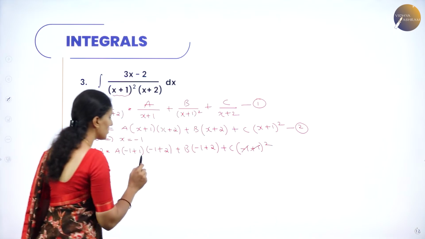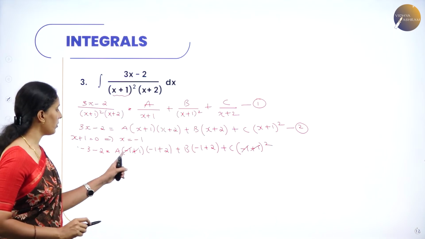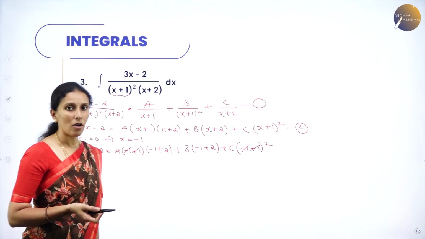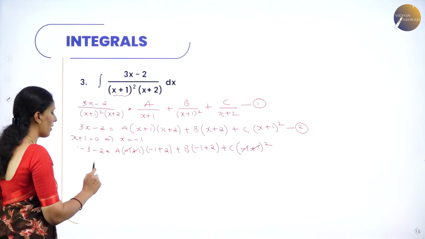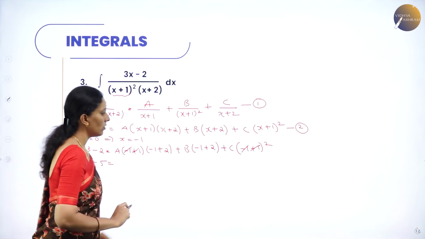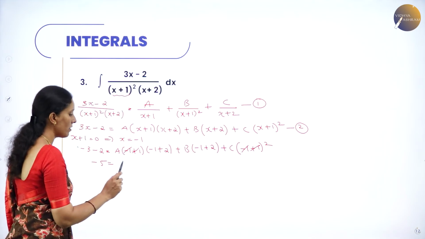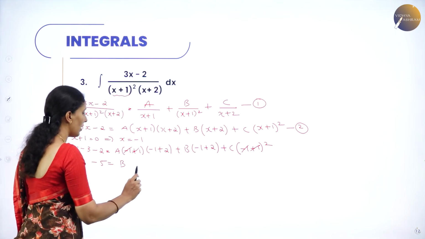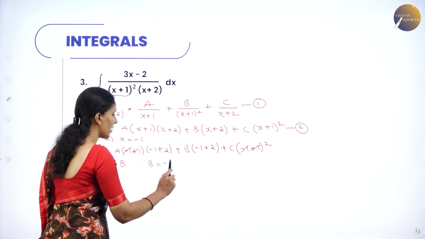Wherever you have minus 1 plus 1, that term becomes 0. So here you have minus 5, and minus 1 plus 2 is 1, 1 into b is b. So therefore, the value of b is minus 5.